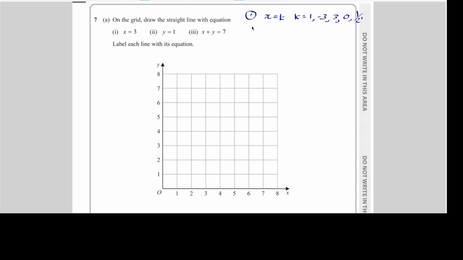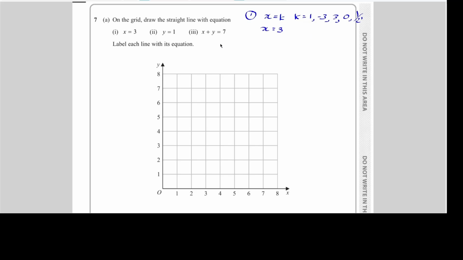So if you are asked to draw x equals any number, in this case, let's say x equals 3. When the equation is given, check whether there is any y involvement. If there is any y involvement, it is complicated. You need to draw using the calculator. If you are asked to draw just x equals a number, it is so easy.